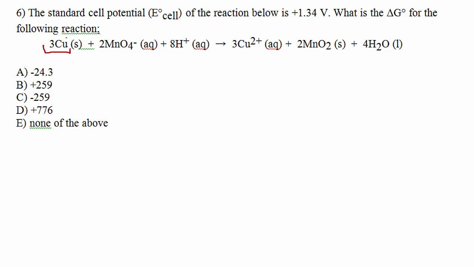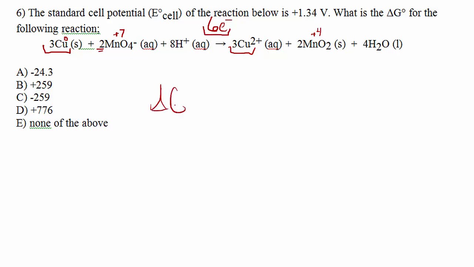I've got 3 Cu zeros becoming 3 Cu plus 2s, so that's 2 electrons each, giving me a total of 6 electrons being transferred. Let's see if I can confirm this. I've got MnO4 minus, so Mn is plus 7 here, and over here MnO2, it's plus 4. That's a 3 electron difference times 2, so it's definitely a 6 electron transfer.